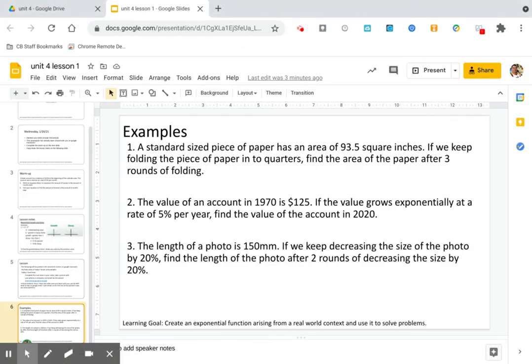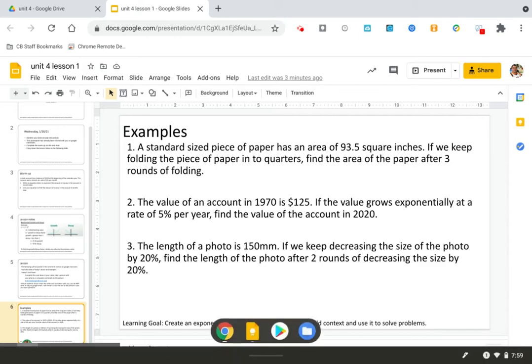B, if we keep folding the piece of paper into quarters. So the key word is quarters. We are folding the piece of paper into quarters. What do you think the decay factor is going to be? Obviously, everything is decreasing. If we're folding it into quarters, the size of the paper is going to decrease.